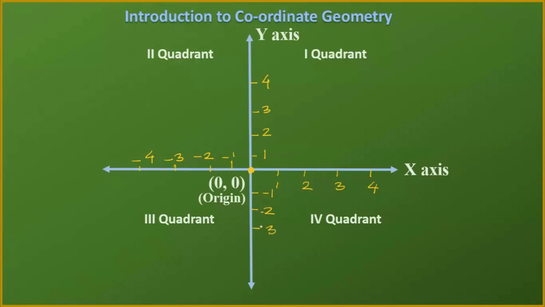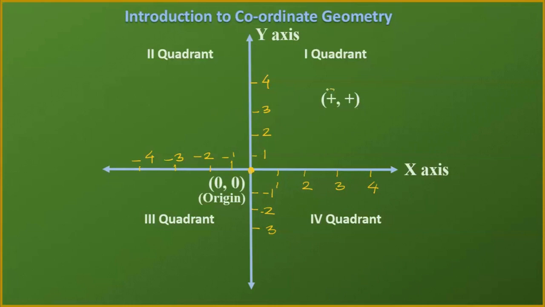So here you see how we decide the sign of the coordinate in a particular quadrant. In the first quadrant, the signs of both coordinates will be positive, because here the x-axis terms are positive and here the y-axis terms are also positive.